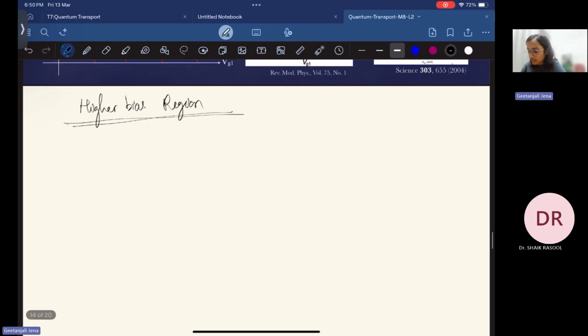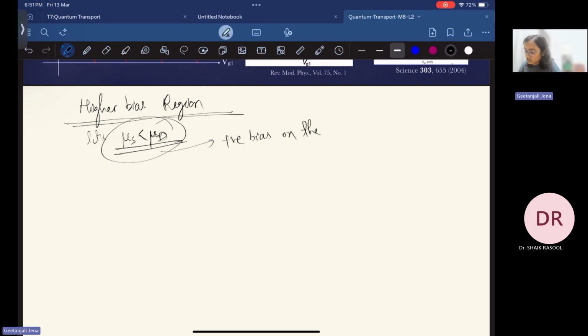So let's consider the case where μs is less than μd. The chemical potential of source is less than μd. So what does this mean? The chemical potential of drain is higher than the chemical potential of the source. So this means we are applying positive bias on the source side as compared to the drain side.